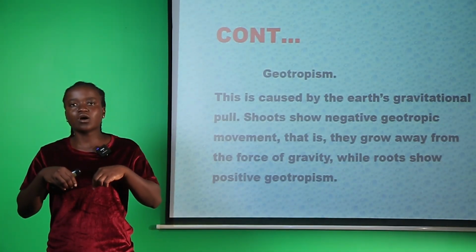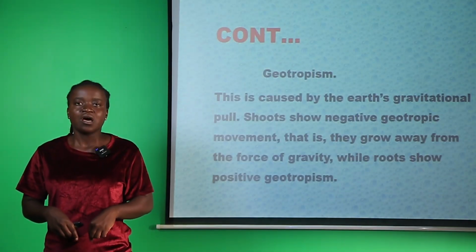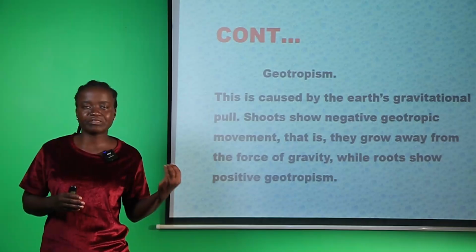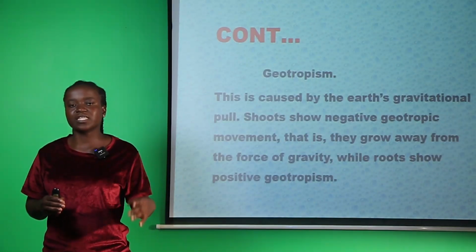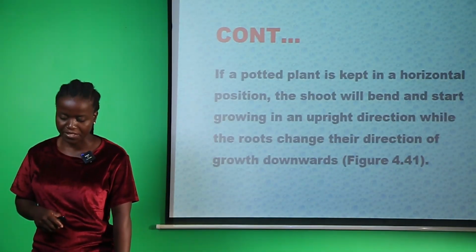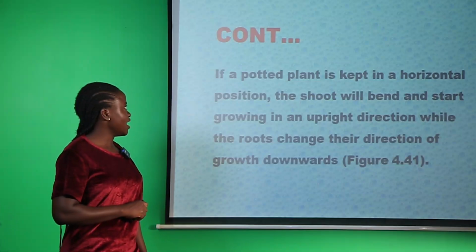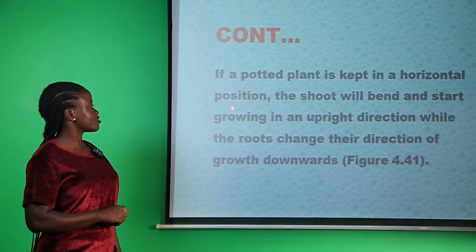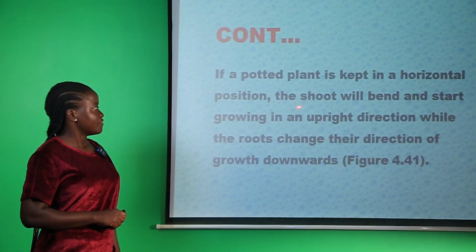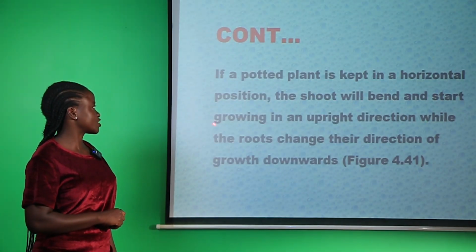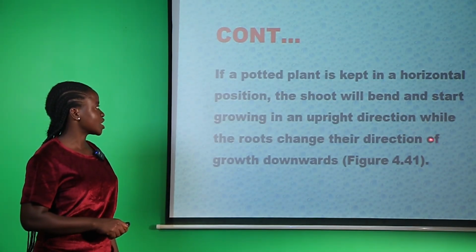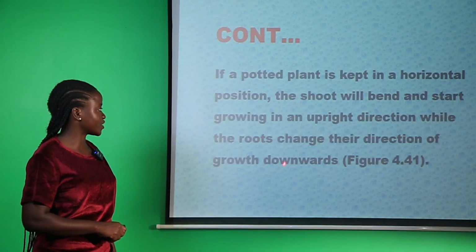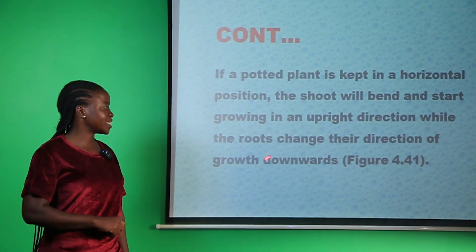Because the roots grow toward the gravitation of the earth. We're going to see later how the shoot and the root bring about positive and negative geotropism. Now, if a potted plant is kept in a horizontal position, the shoot will bend and start growing in an upright direction, while the roots change their direction of growth downwards.